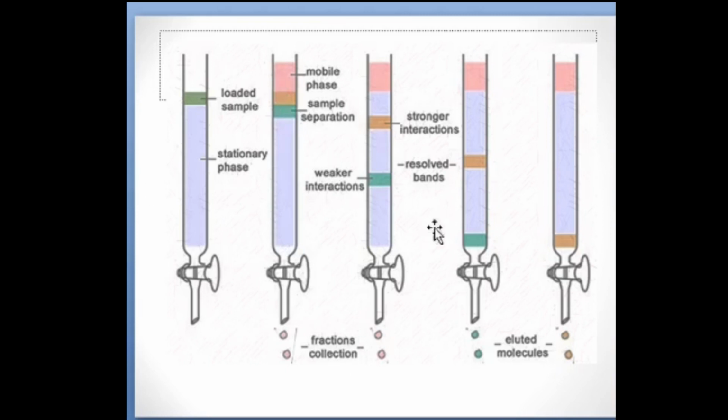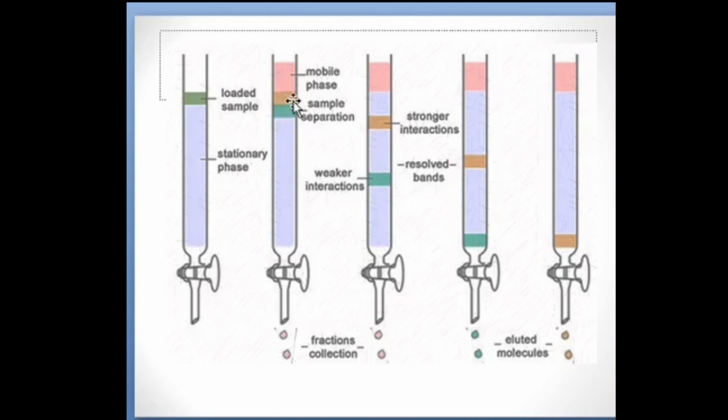So as you can see here, this column, we take it, okay, and then we put a stationary phase. Let's say we put here silica gel or alumina gel, okay. Then after that, we load the sample. We load the sample, then we pour the mobile phase. When we pour the mobile phase, if you can see here, the sample has separated here, green and yellow.